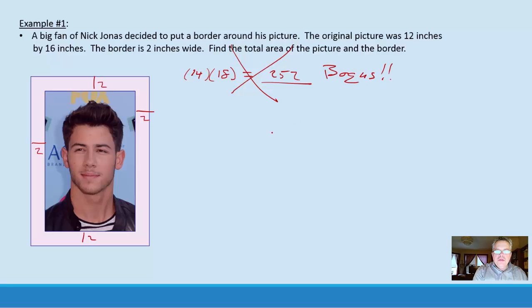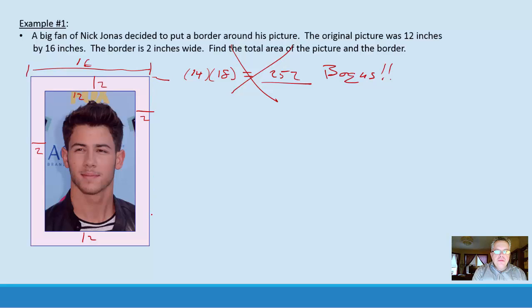And so once you're kind of onto the secret of this problem, you won't fall for this. The reason why is you have to add the border twice to the width. The new width is all of this. So it's the original width, which was 12, plus 2 inches on each side. So we actually have to add 4 to get 16.